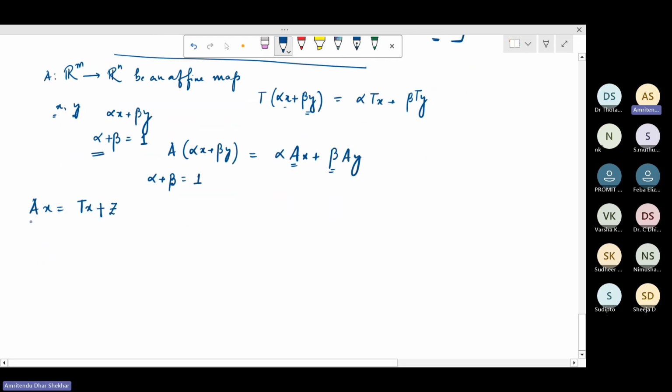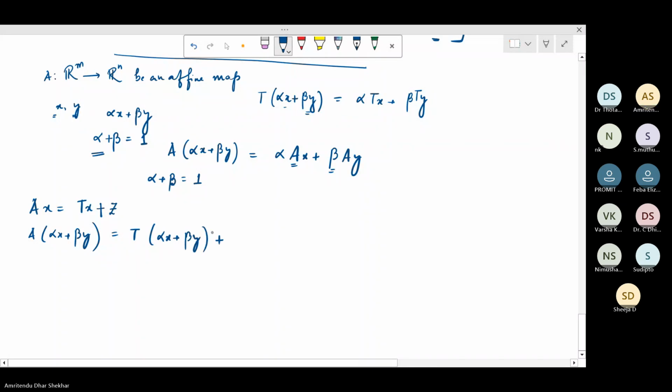Now if you do this affine combination, A of alpha x plus beta y is equal to T of alpha x plus beta y plus, wait, I think I'm making a mistake somewhere.